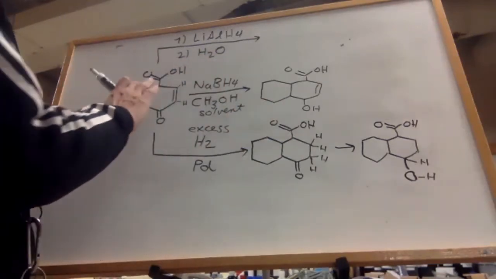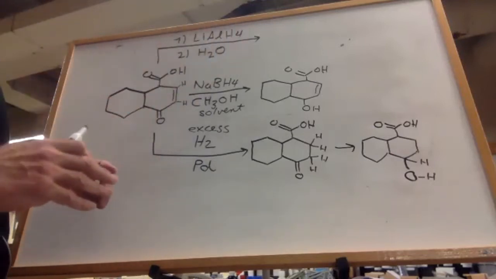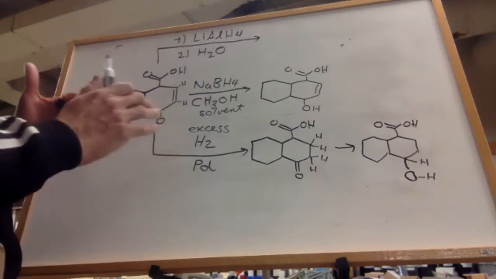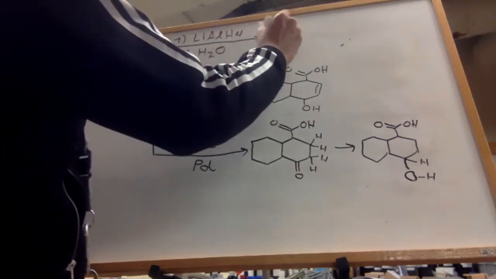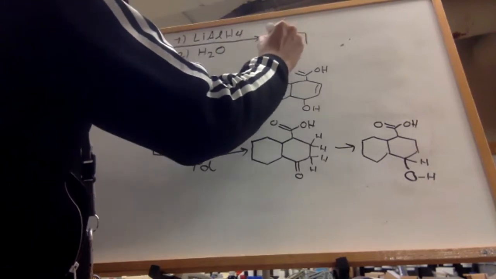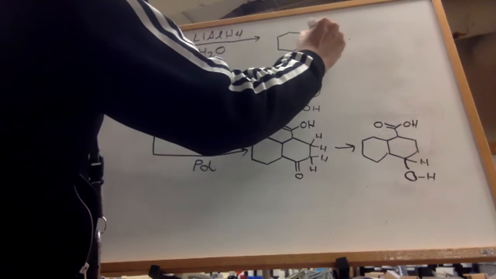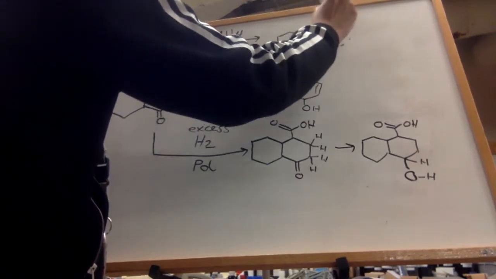Okay, the much more complicated is this reduction with lithium aluminum hydride. Lithium aluminum hydride reduces all kinds of stuff, all kinds of functional groups. So the carboxylic acid will be reduced to an alcohol.